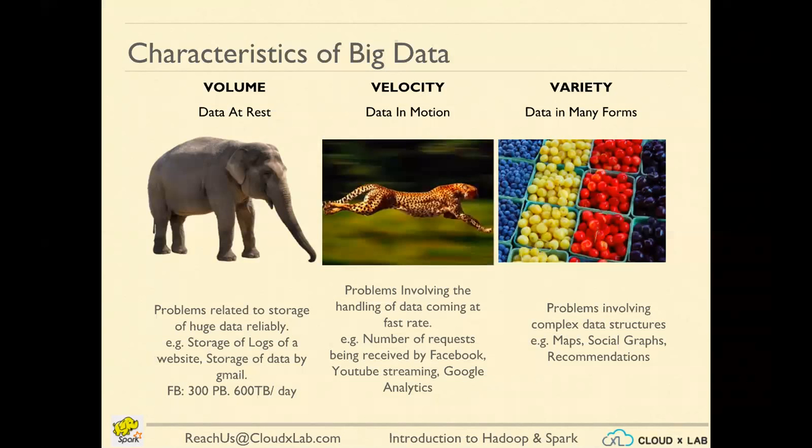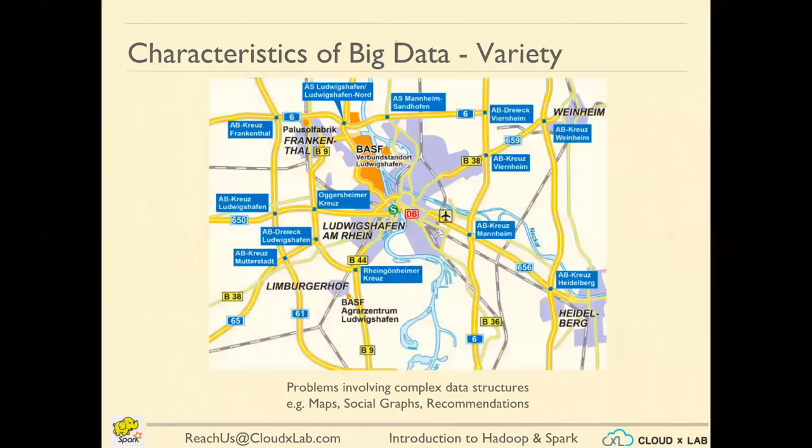All right. The third characteristic of data that makes it big data is variety. Sometimes it is not only the variety of data, but the variety of the problem that you're trying to solve. Say, for example, Google Maps. In Google Maps, we need to reach from one point to another. With respect to storage, it's not big. The storage of a map, let's say for a country, could be handled with a single computer.